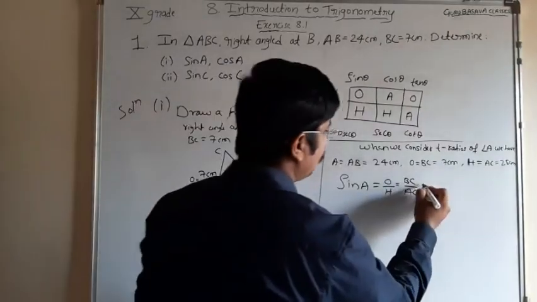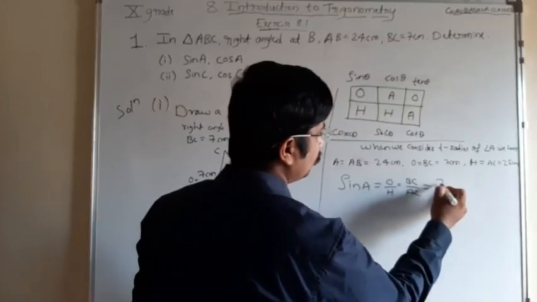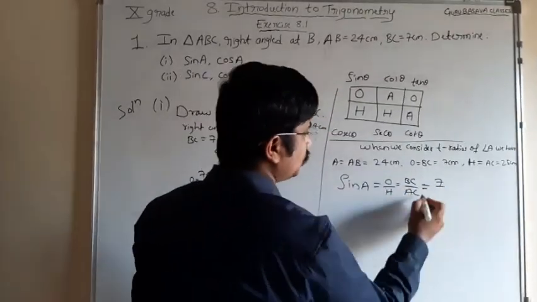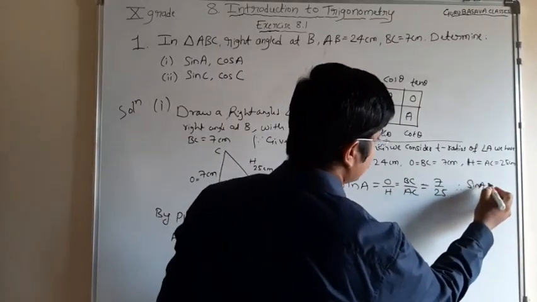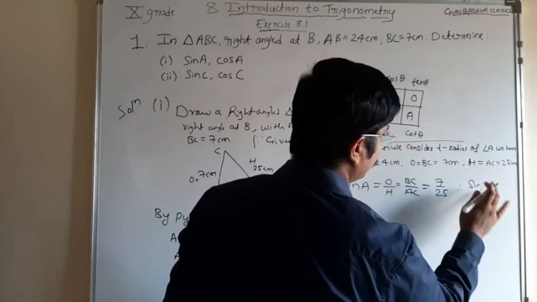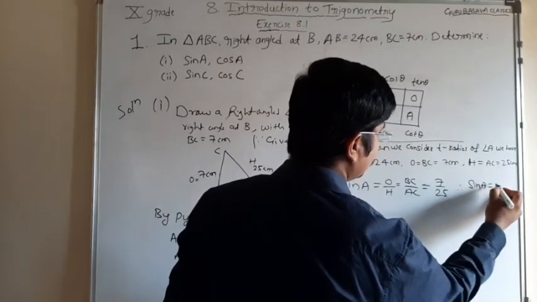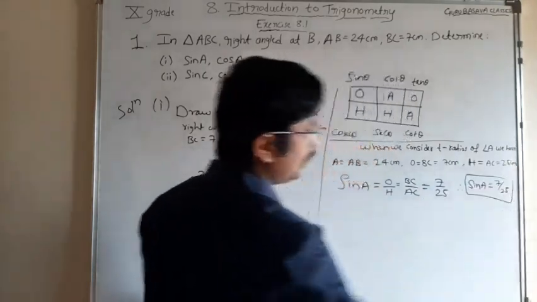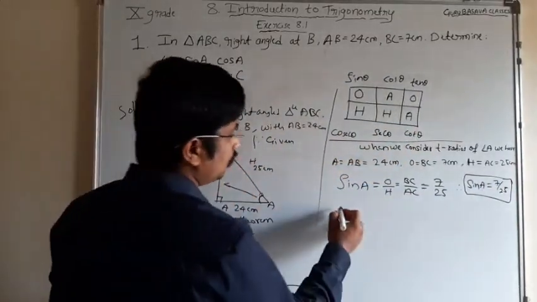BC, that is O, is equal to 7, and AC, the hypotenuse, is equal to 25. Therefore sin A is equal to 7 divided by 25.